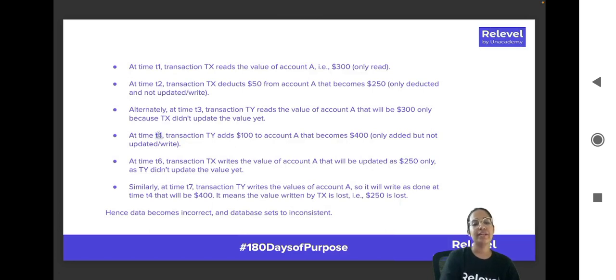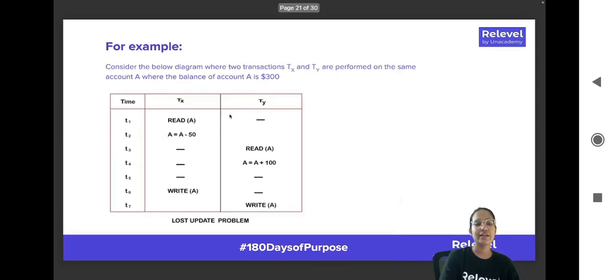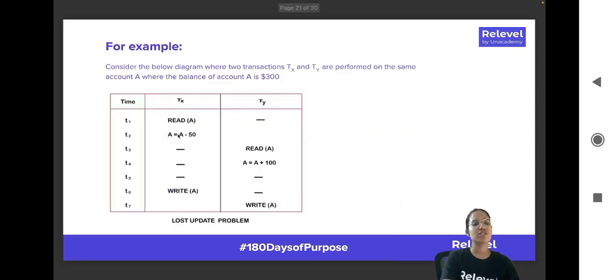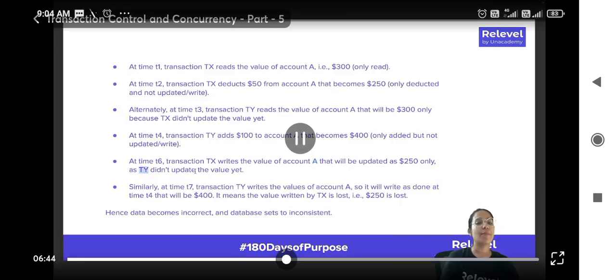And at time T4, the transaction TY adds 100 to account A. So currently, TX's A has the value 250 and TY's A has the value 400. Okay? Only added but not updated in the database. Now at T6, transaction TX writes the value of account A to the database. And what was the value of A for TX? 250, right? So 250 is now updating the value.